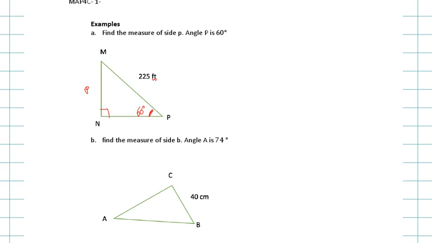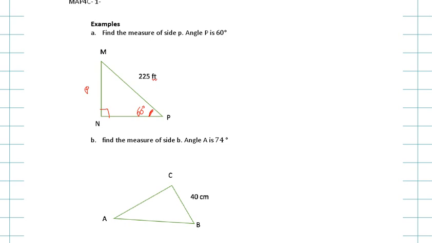The angles are given, and we already know that's a 90 degree right there. But 60 couldn't be at M because it says angle P is 60. I know an angle and I know a side, and I'm looking for another side.